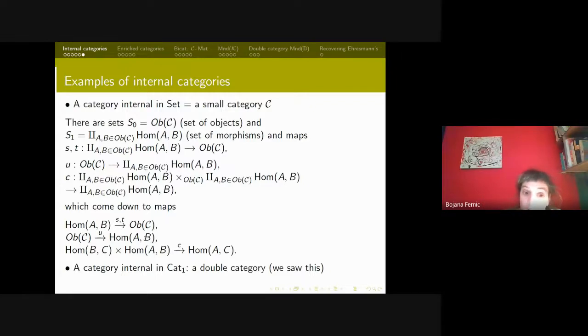And I know that the coproducts in the category of Set exist, so I have these iotas or coprojections, and then I know that there is one unique morphism, which I also call C, that comes out from the coproduct and ends up in the hom A C. But then I compose it with a coprojection that goes from hom A C into the whole coproduct. Okay, this is what I do.